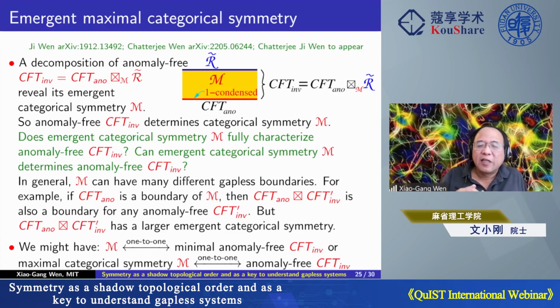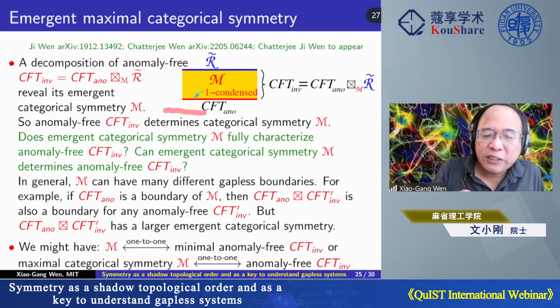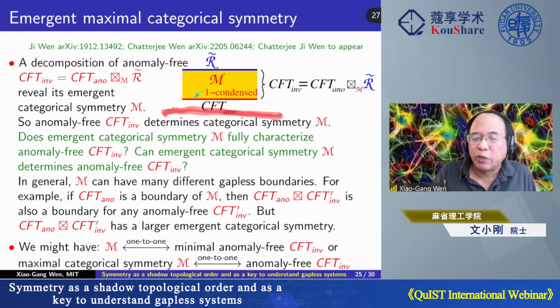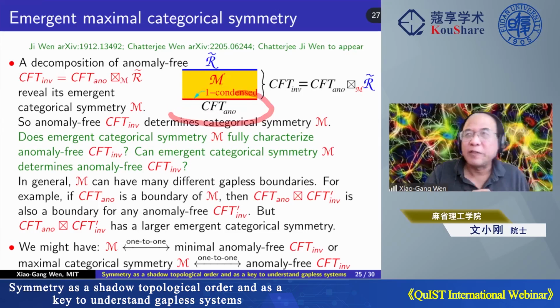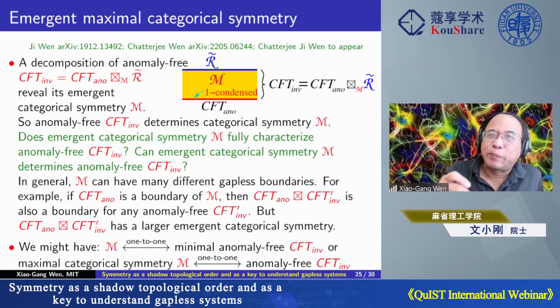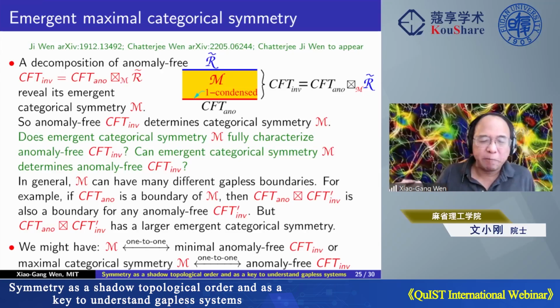However, there is the idea that when you stack another CFT onto the boundary, this extra CFT may have its own emergent symmetry. So when you stack a CFT, the combined boundary may have a larger emergent symmetry. That gives us some hope that if we explore all the emergent symmetry, then maybe you have a one-to-one correspondence.